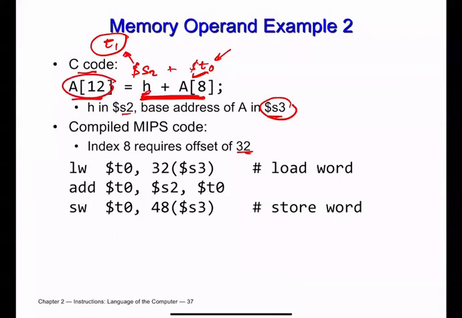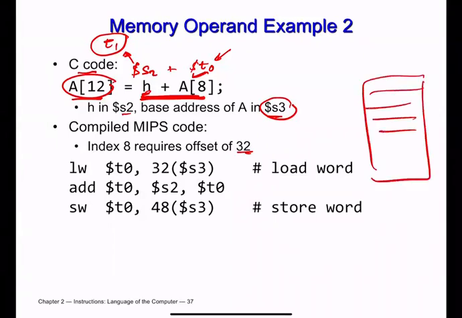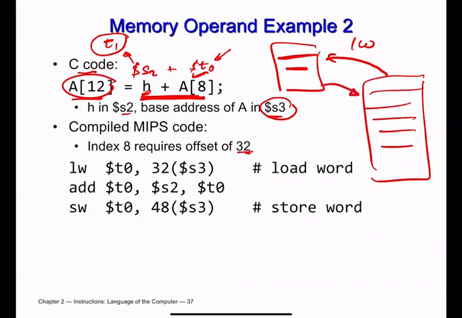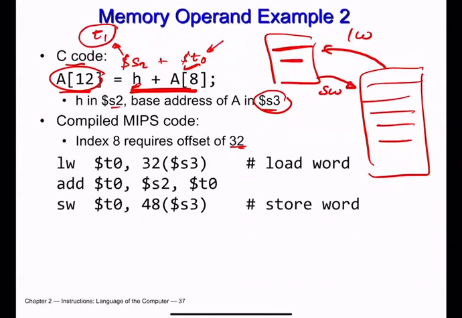As we mentioned earlier, if I have the memory here, I can go from the memory to the register by something called load word, meaning reading from the memory. And I can write to the memory by something called SW, store word.